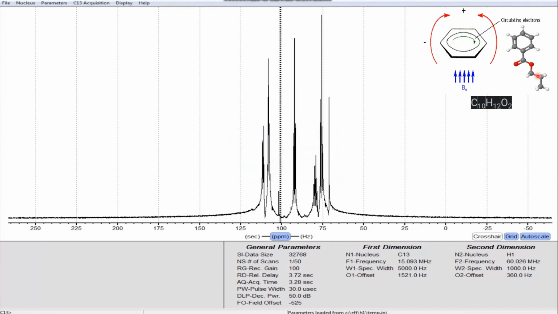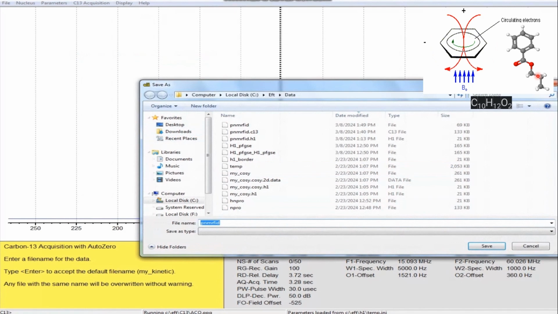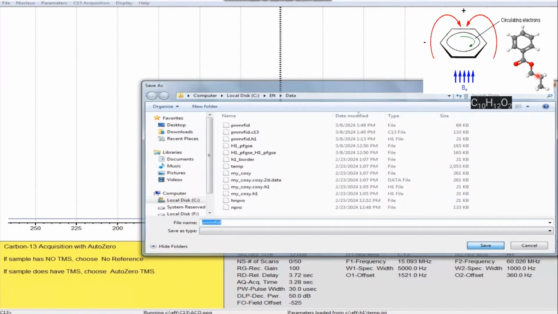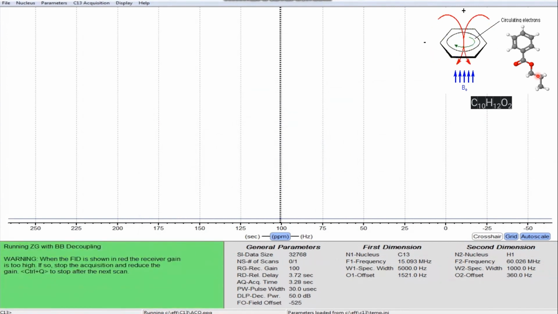Carbon-12 is not magnetically active because there is no spin induced with it. The disadvantage of this is that you have a much lower sensitivity than hydrogen, because there's a lower abundance of carbon-13 isotopes in organic structures. Only about 1.1% of carbon is carbon-13 and NMR active.